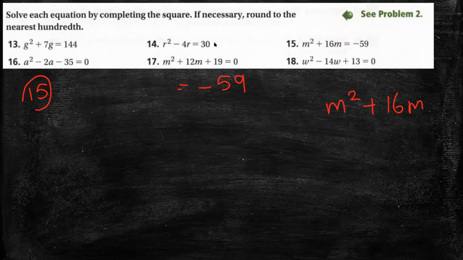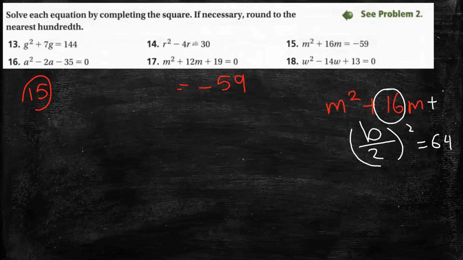But how? Where's B? This is B. I will say B over 2 squared, 16 over 2, 8 squared, 64. So I will add the 64 to this equation.